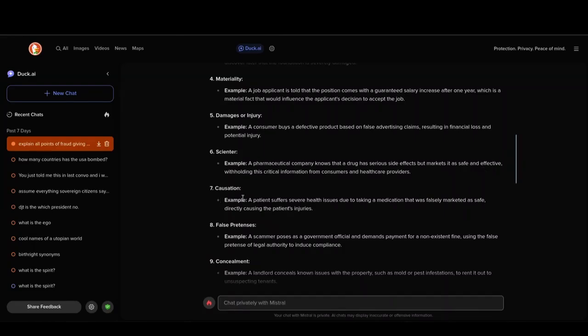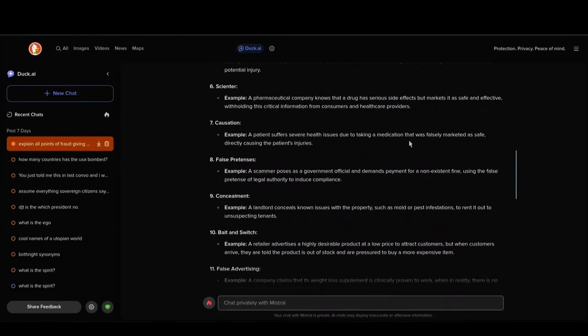Next, 7, causation. Example, a patient suffers severe health issues due to taking a medication that was falsely marketed as safe. We know what's happening here. Directly causing injuries or death. False pretenses. A scammer poses as a government official and demands payment for a non-existent fine, using the false pretense of legal authority to induce compliance.